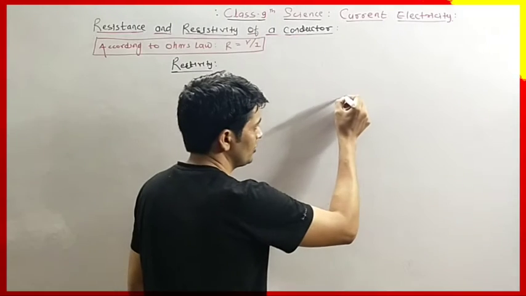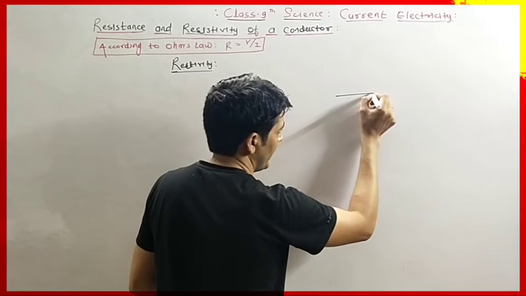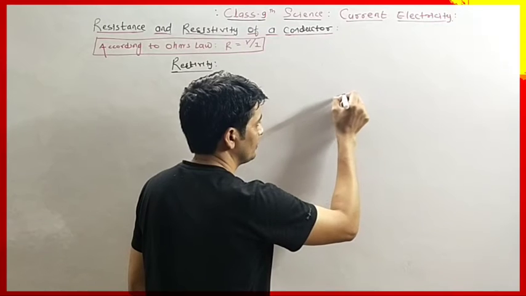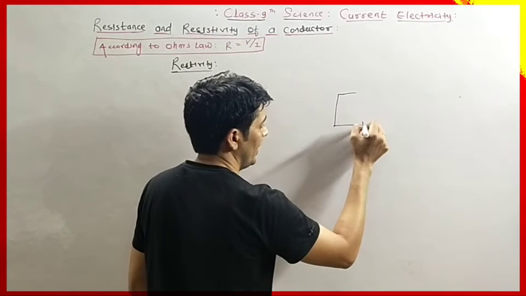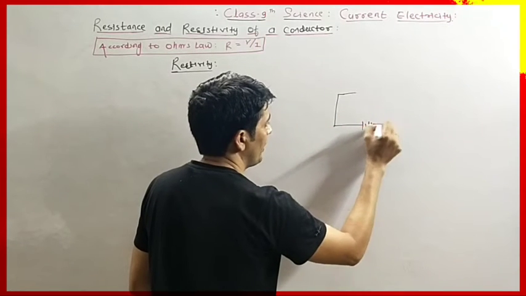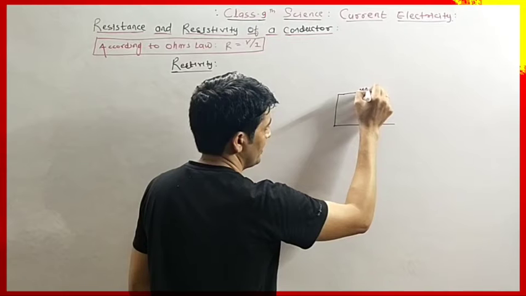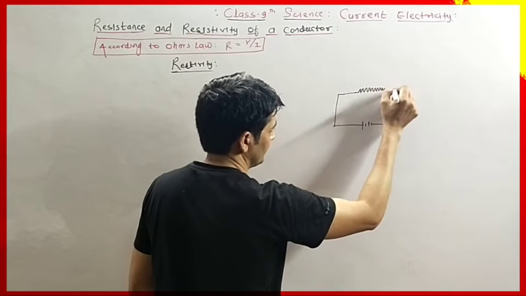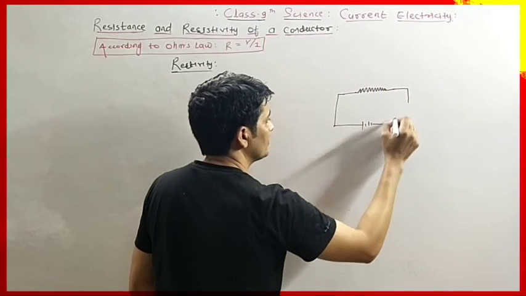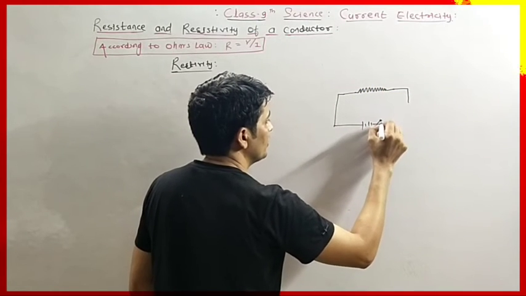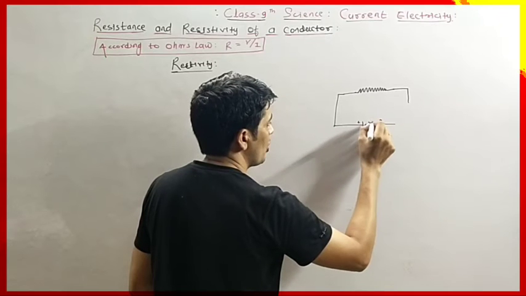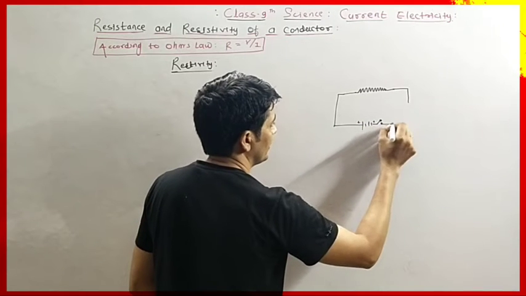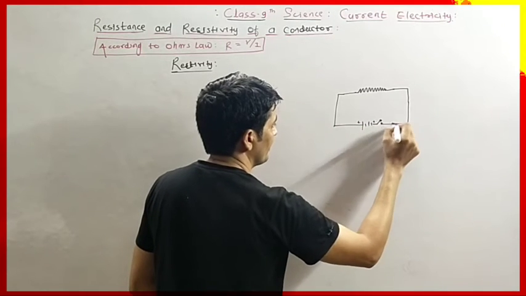Suppose this is the wire, which is connected with the battery, and here it is the resistance. Here we have a key so that accordingly we can switch the circuit off and on.